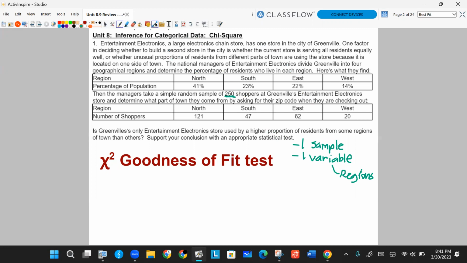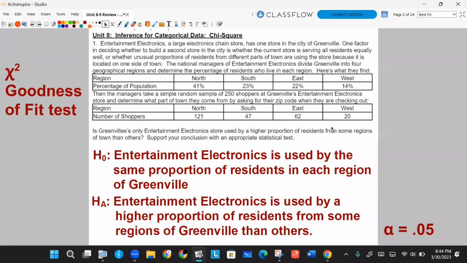See if you can come up with a set of hypotheses. In this case, I just followed the question stem. The question says, is Greenville's only entertainment electronics store used by a higher proportion of residents from some regions of town than others? So I stated my null as entertainment electronics is used by the same proportion of residents in each region of Greenville.